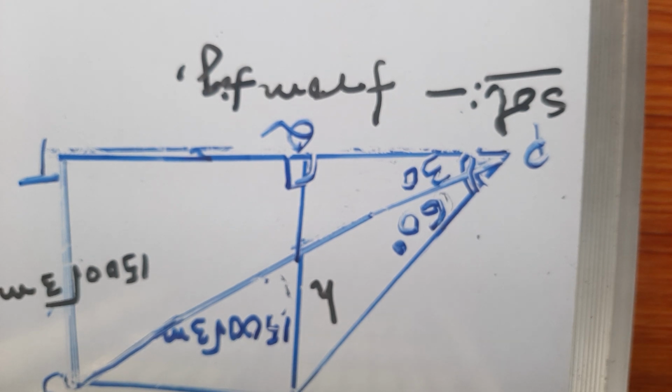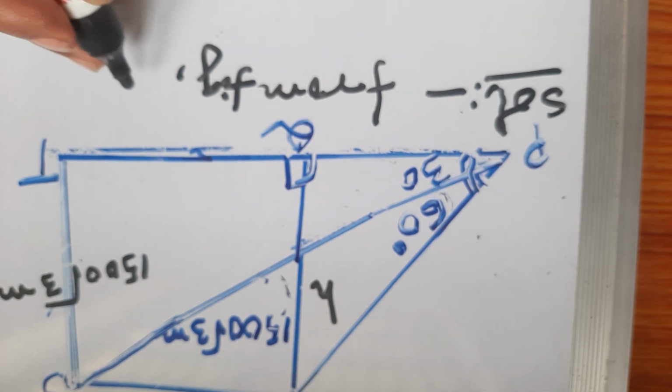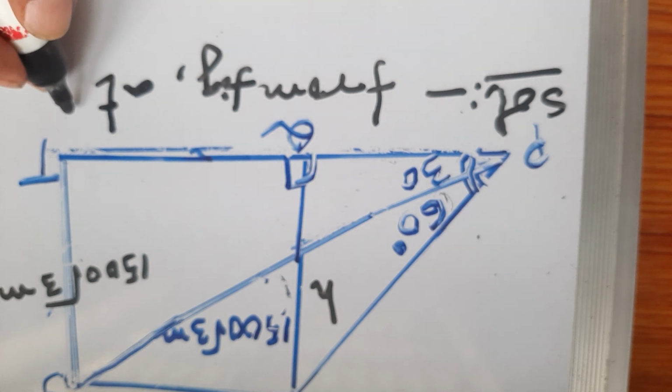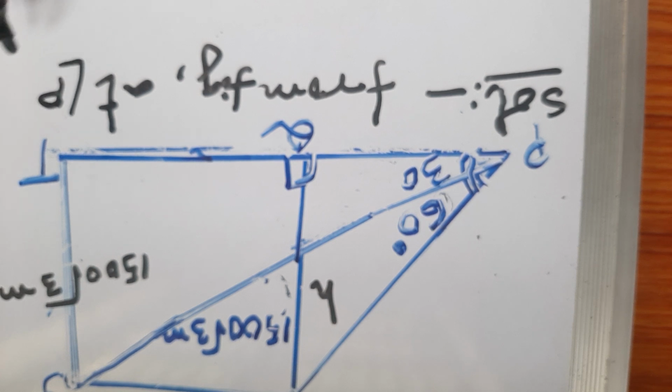We can write the first point: at angle P, otherwise we have to write the point of position. From the point of position, at angle P we can write 60 degrees first, and the next 30 degrees. At angle P only the angles are forming there.